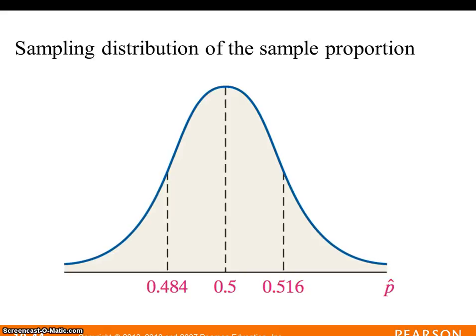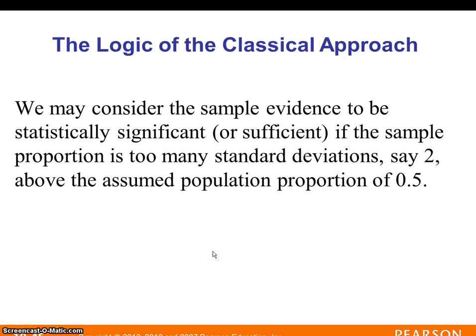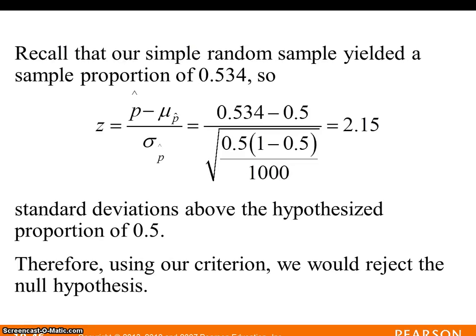So the sampling distribution of the sample proportion would be something like this, where this would be one standard deviation away from the mean. And so we may consider the sample evidence to be statistically significant or sufficient if the sample proportion is too many standard deviations, say 2 for example, above the assumed population proportion of 0.5. So recall that our simple random sample yielded a proportion of 0.534.